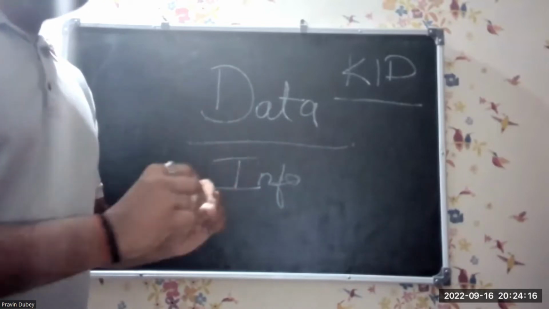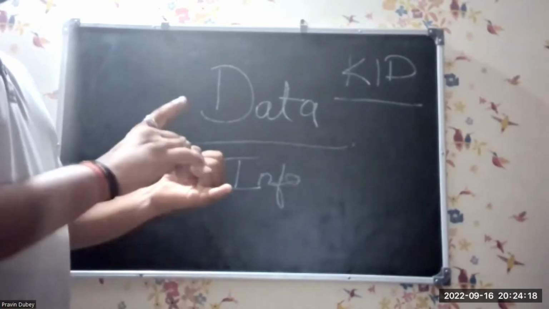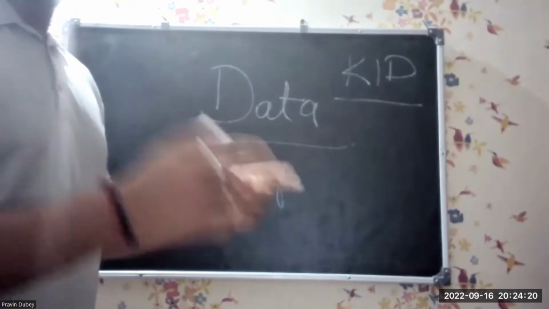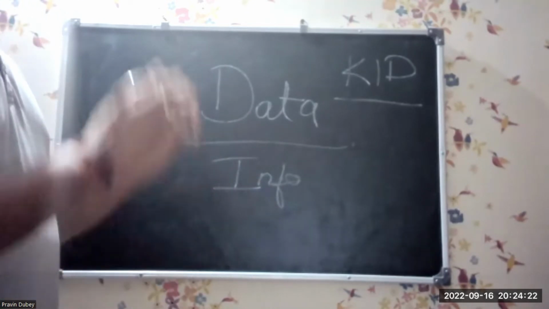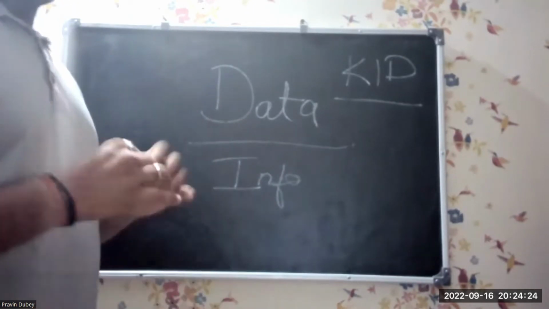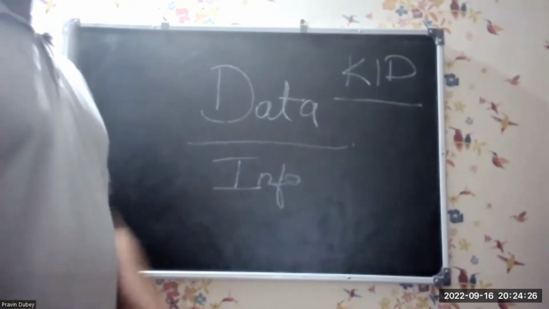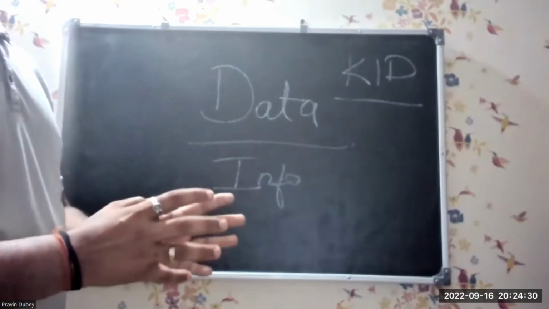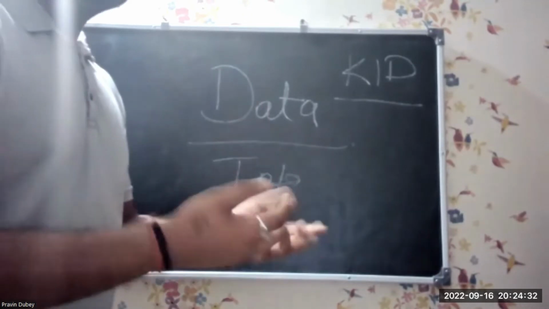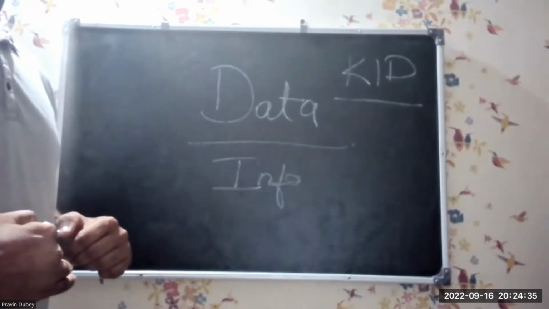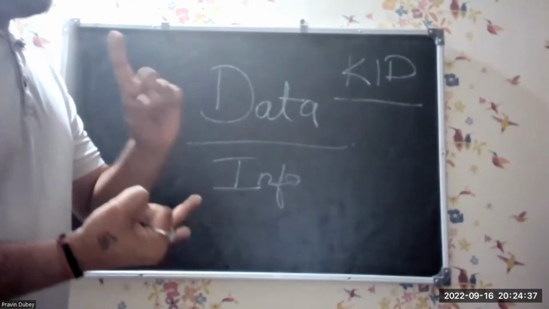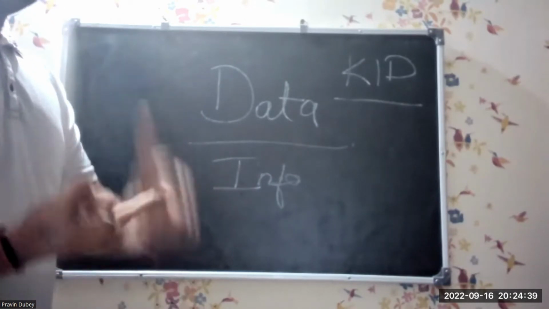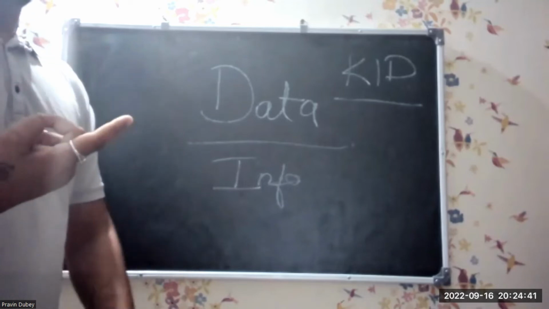So audio video is data. Newspaper text format is data. Nowadays there is the meme concept. People are creating memes all across, right? Memes are nothing but images mostly. So images are also data for me. Images are data, audio video is data, video itself is data, audio itself is data.